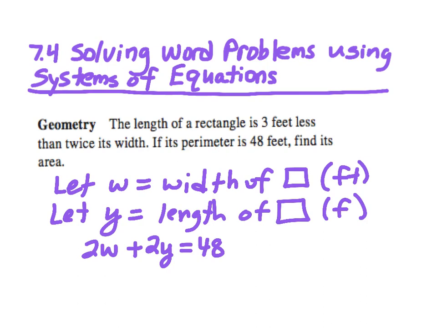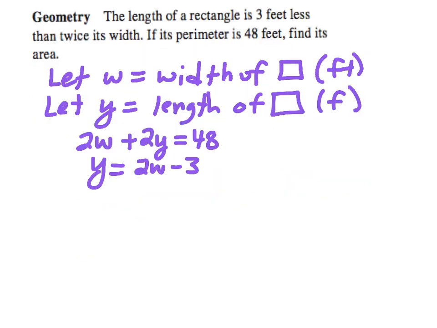And then it says the length of a rectangle is 3 feet less than twice the width. So we're going to say that Y equals 2W minus 3. And you can see that this sets up nicely for substitution.